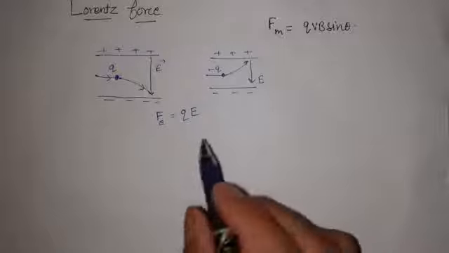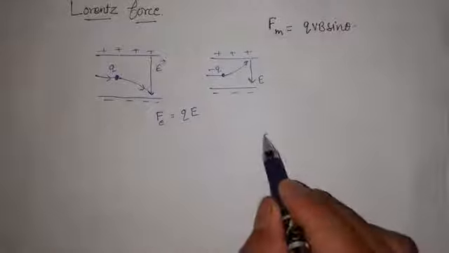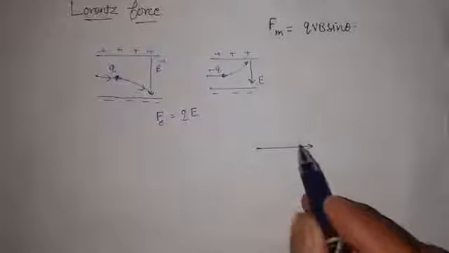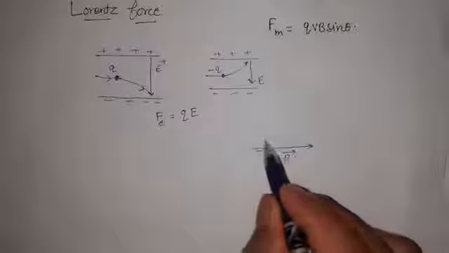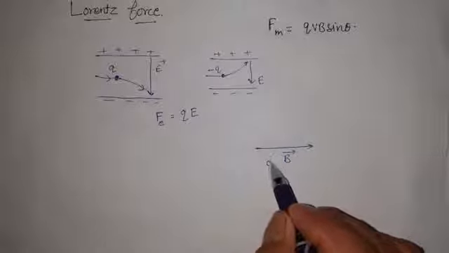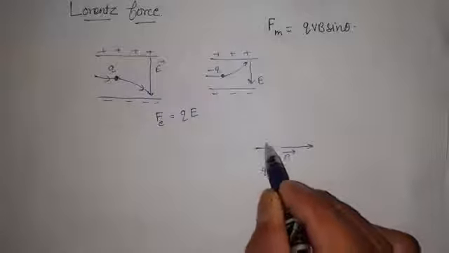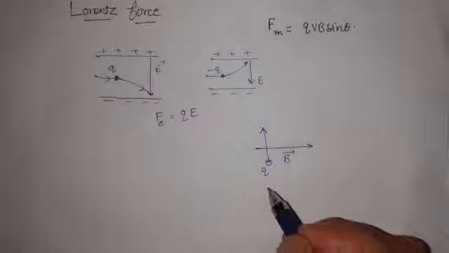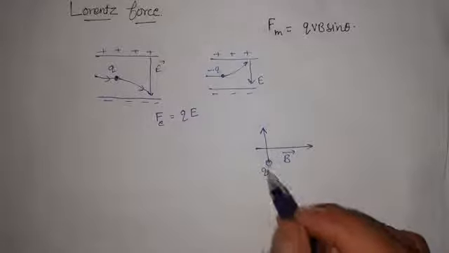Now if a charge enters a region where there is a magnetic field, let us suppose this is the magnetic field, and the charge enters this magnetic field perpendicularly. Here is that charge moving in this magnetic field perpendicularly.